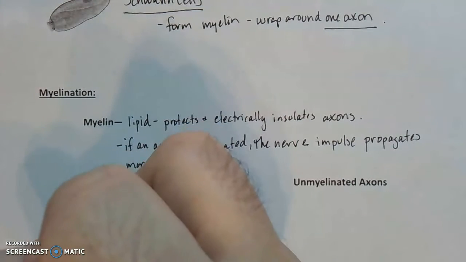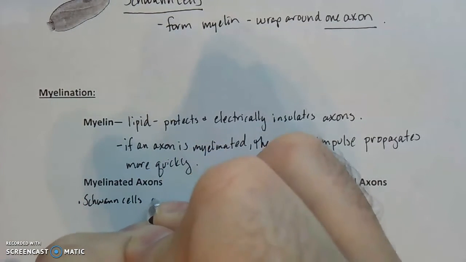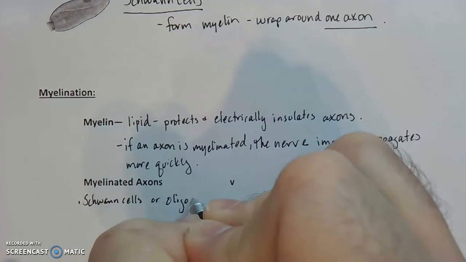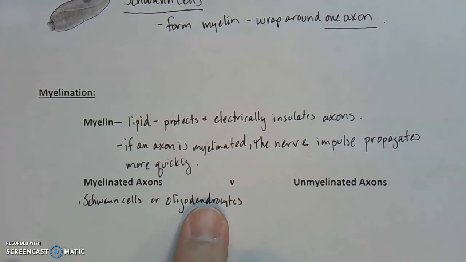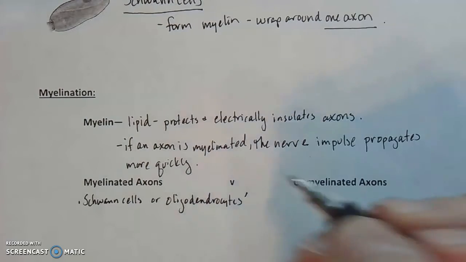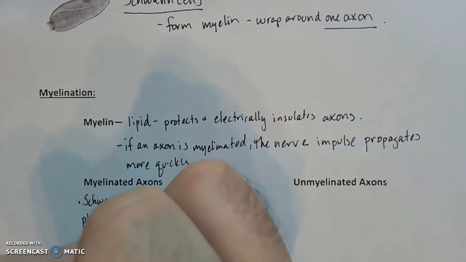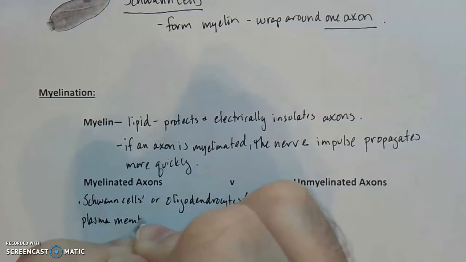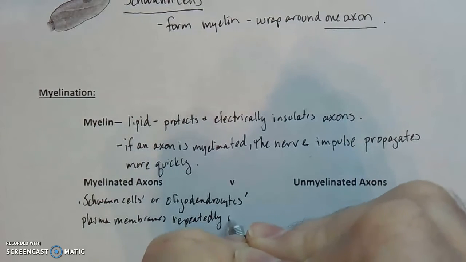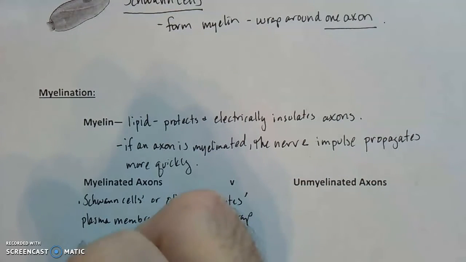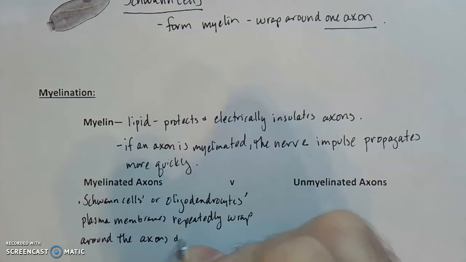With myelinated axons, the Schwann cells or oligodendrocytes, PNS, CNS, the Schwann cells or oligodendrocytes' plasma membranes repeatedly wrap around the axons and secrete myelin.